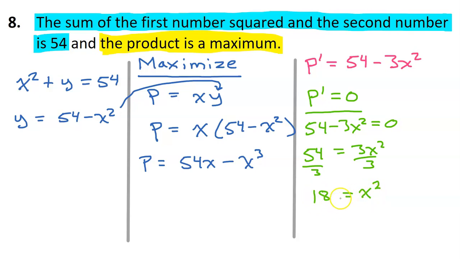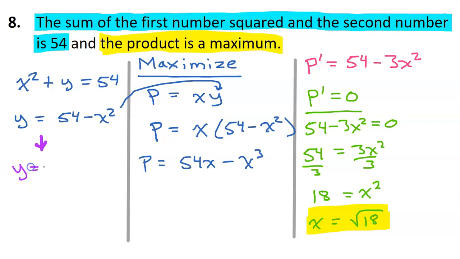Taking the square root of both sides and sort of flipping this around, I get x is equal to the square root of 18. I'm not saying plus or minus because the direction said only positive numbers allowed. So x equals the square root of 18 is the value of x that will maximize the product. It's the only one that we have. Let's just go ahead and find the y value that goes with it.